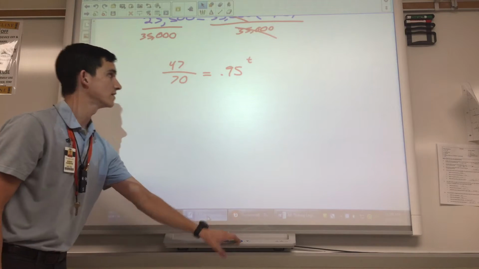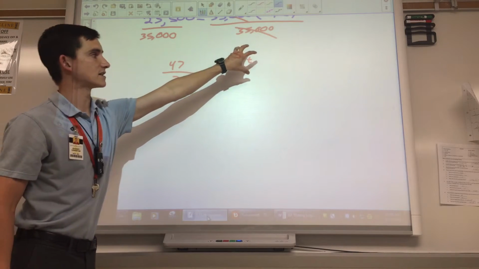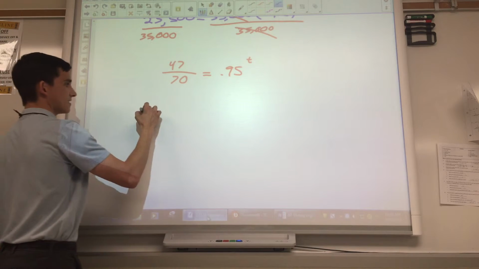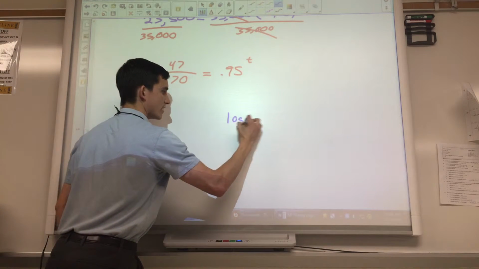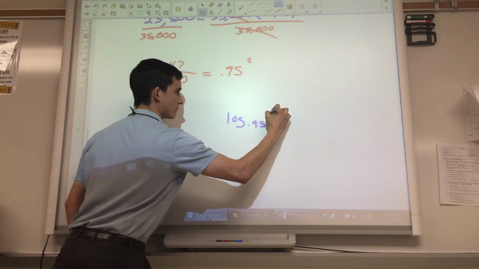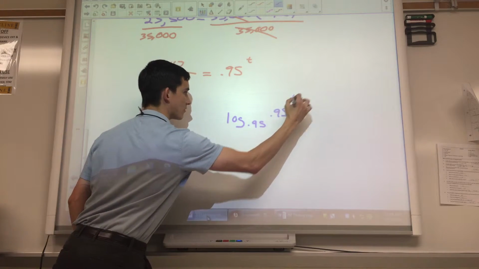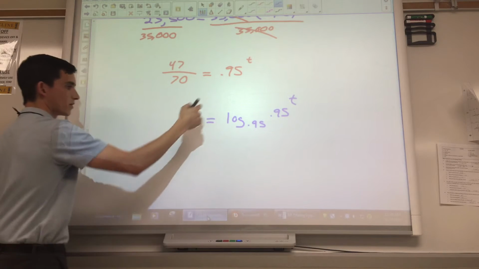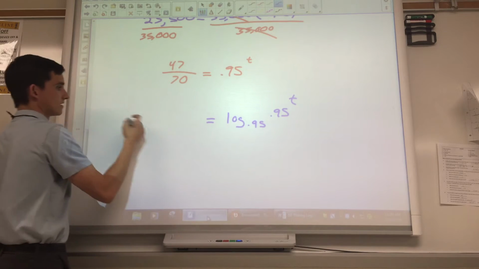So what we're going to do now, to get rid of that 0.95 and to move this down out of the exponential area, is I'm going to say, log base 0.95 of 0.95 to the t power, these are going to cancel, right? But whatever I do to one side, I have to do to the other side.